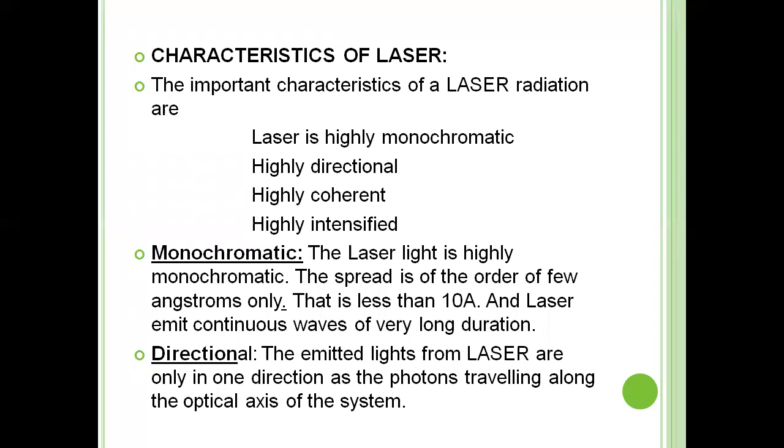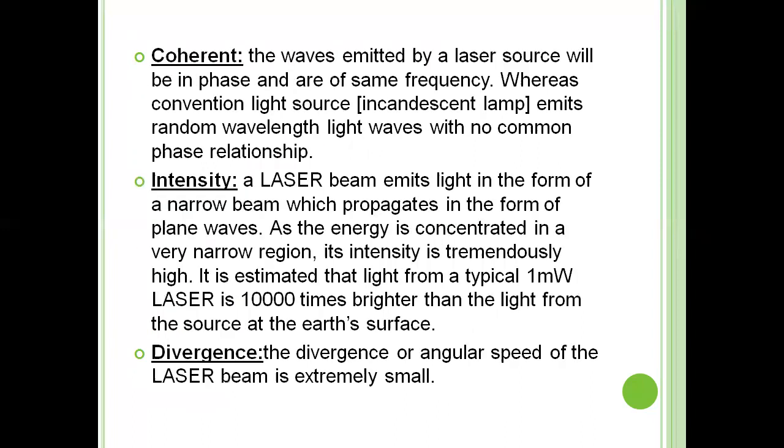Coming to directionality, lasers are produced only in one direction as the photons travel along the optical axis of the system. Coherency means all the radiations emitted out of the source will be in phase with each other. The waves emitted from the laser source will be in phase with each other and of the very same frequency.